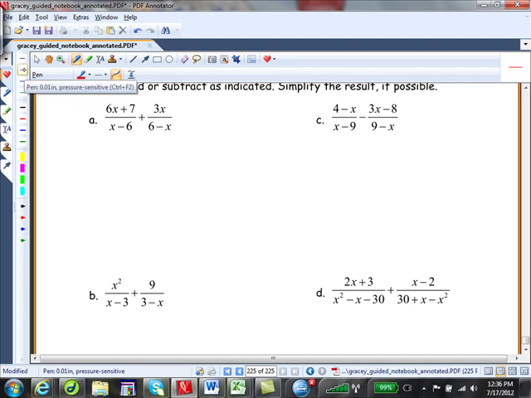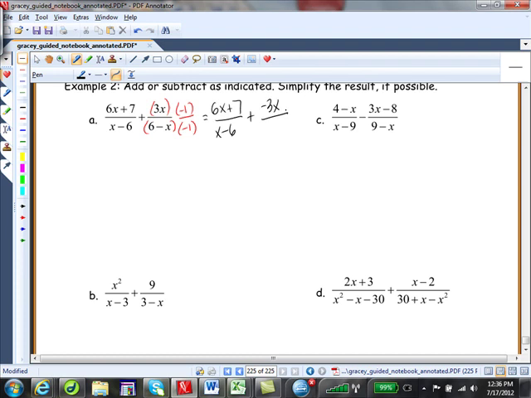So what I'm going to do is go ahead and multiply the second one by -1 over -1. Then what will happen is we will get (6x + 7)/(x - 6) plus (-3x)/(-6 + x), when I distribute that -1 throughout the second denominator.